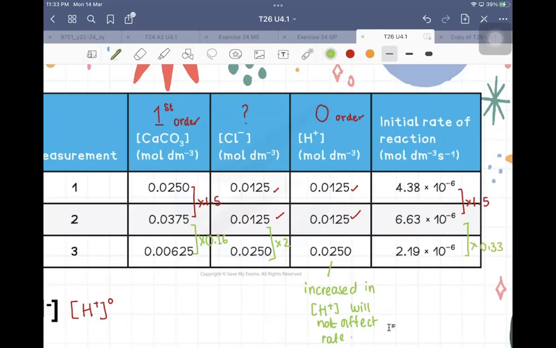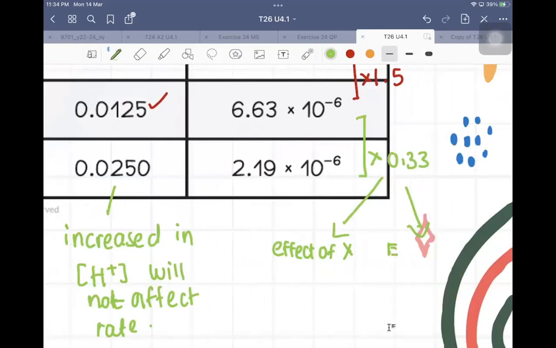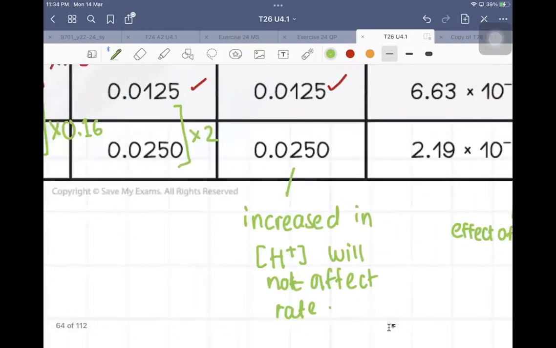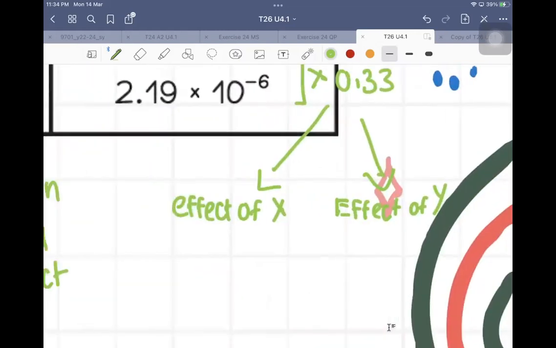Okay, and this 0.33 is a combined effect of the effect of X, and the other one is the effect of Y. Sorry, the effect of calcium carbonate and the effect of chloride.